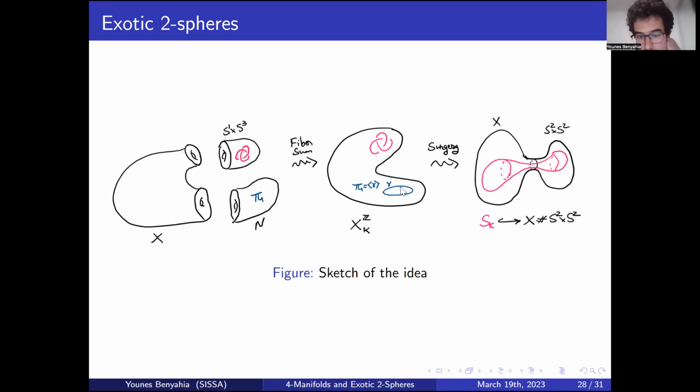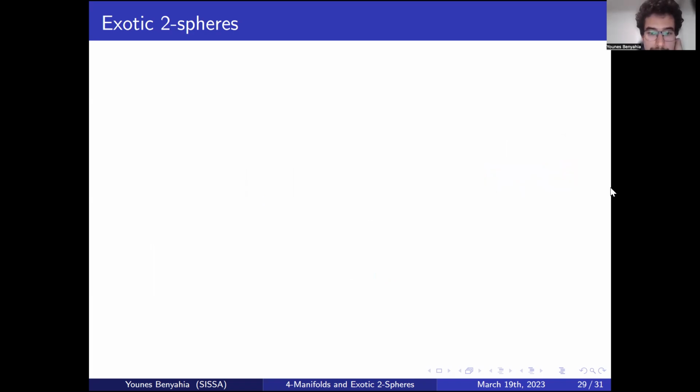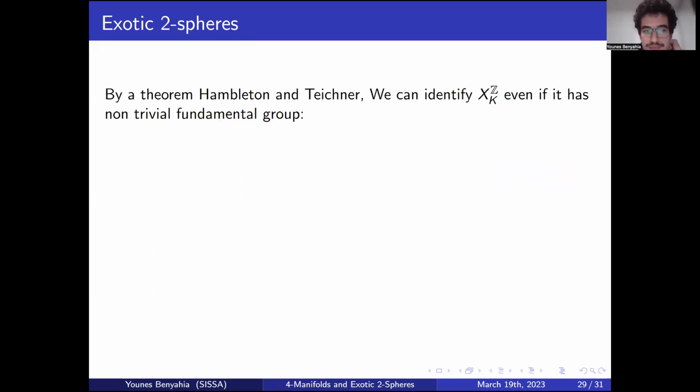Let's say that gamma is the generator of the fundamental group. So pi one is generated by gamma, this is the loop. We will come to the second part later. By the theorem of Hambleton and Teichner, we know what XKZ is, even if it has non-trivial fundamental group.